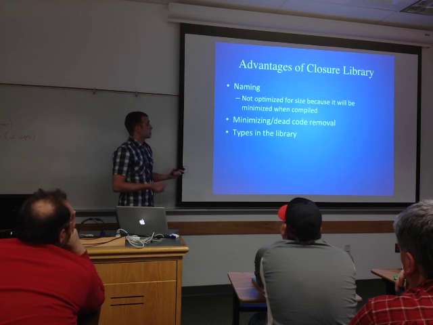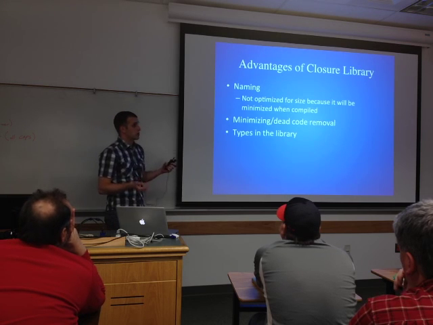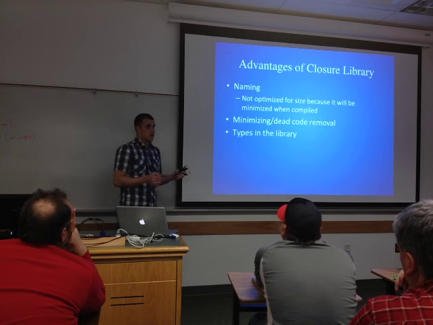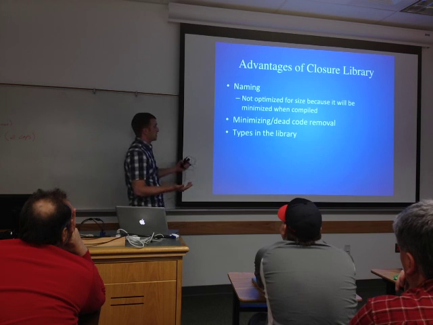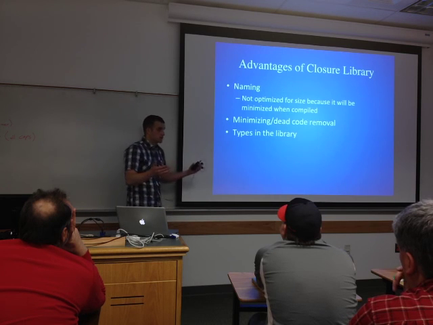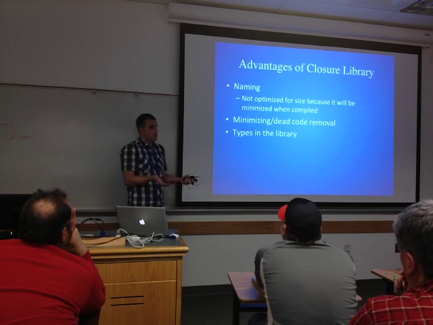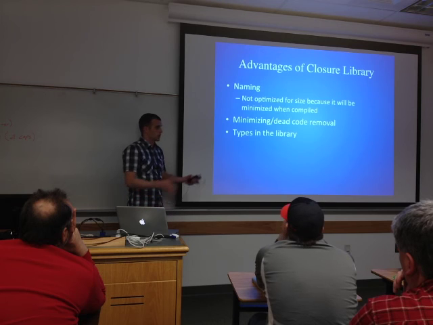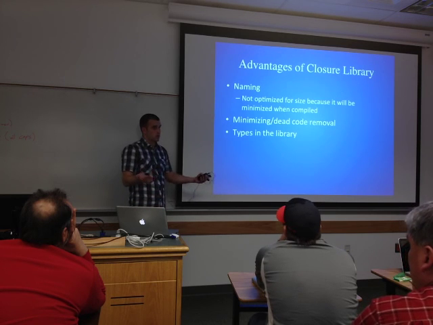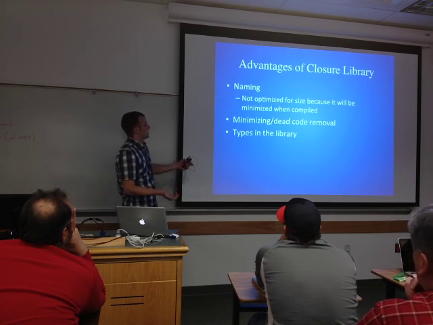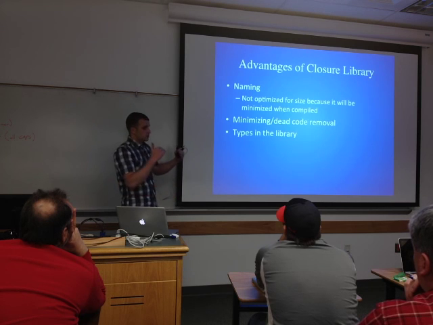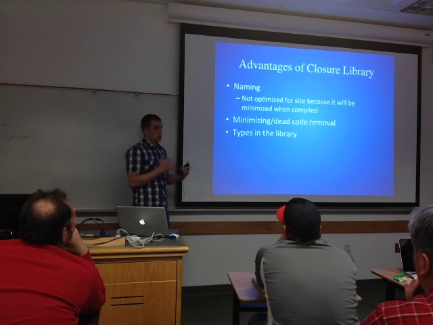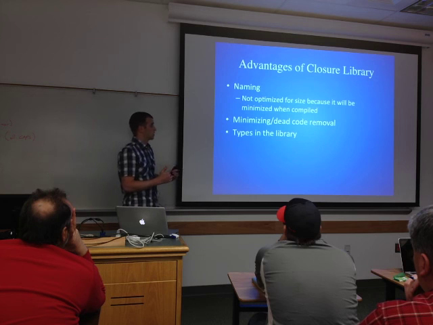So advantages of the Closure library, like Brian was talking about, you don't get all these $A, $P names. You get nice verbose names that describe exactly what's happening. It's easy to look at your code, know that goog.array.map, it's easy to tell what that's doing. And so it's not trying to optimize it at the level you're working with it at.